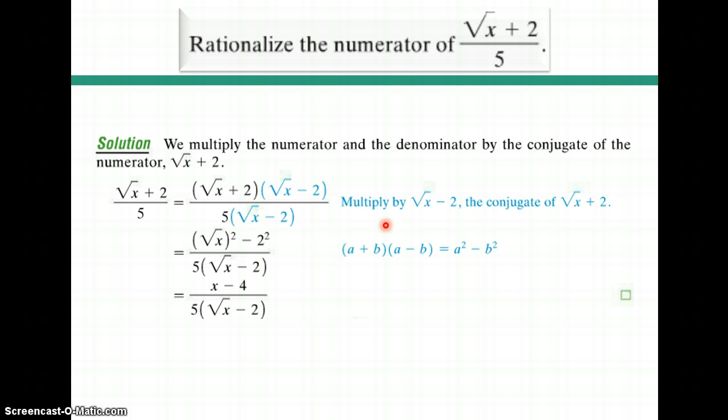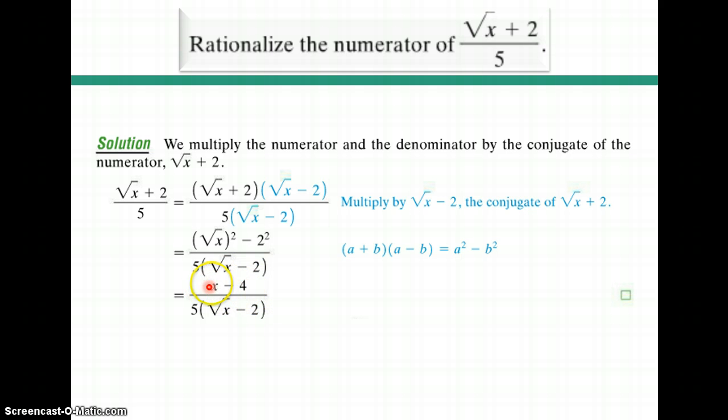We know their product equals a square minus b square. So we have square root of x square minus 2 square over 5 times square root of x minus 2. So square root of x square, by simplifying, we have x, minus 2 square is 4, over 5 times square root of x minus 2.